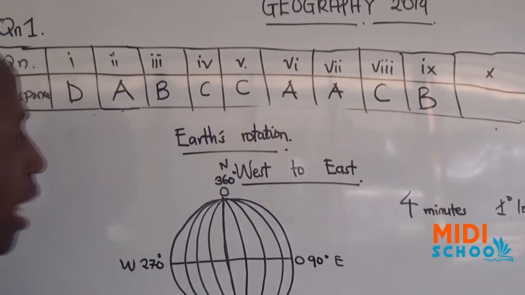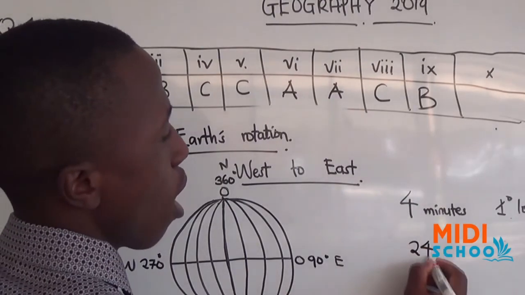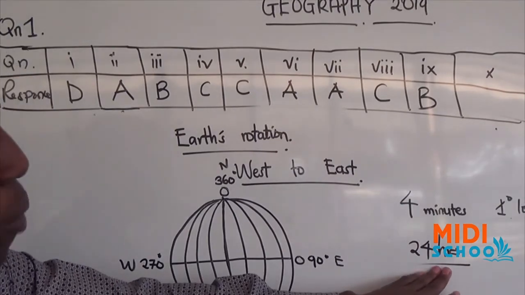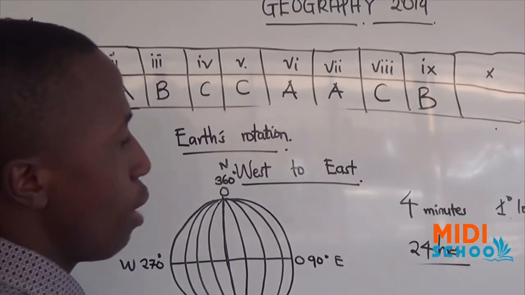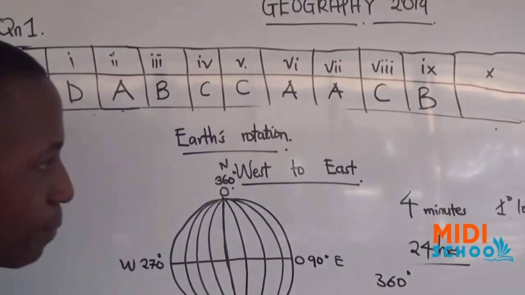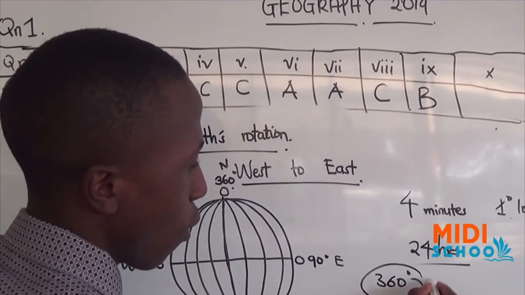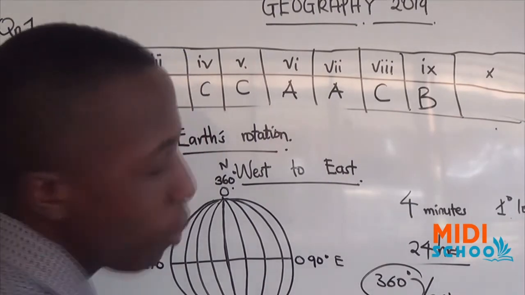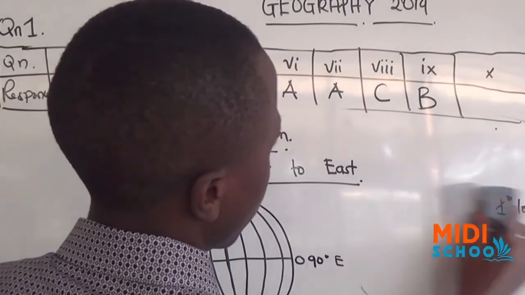Meaning that, mind you, we have 24 hours, isn't it? And for 24 hours, meaning that 360 degrees for us to have 24 hours. How does it come?